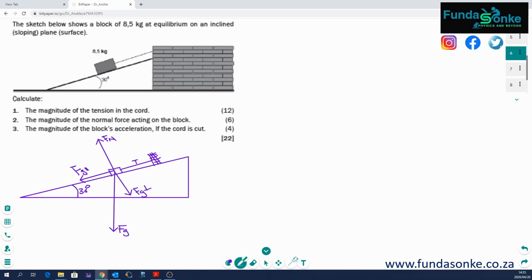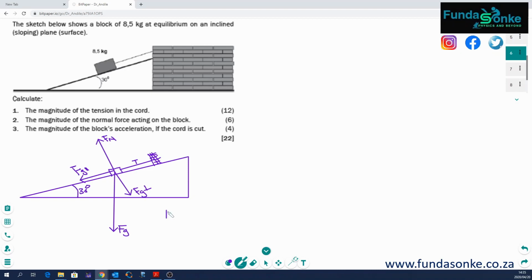So if we're then going to consider that, what then it means is we can then find our tension based on the fact that this system is in equilibrium. In other words, your Fg parallel should be equal to your tension, or the algebraic sum of the forces acting parallel to the surface should be equal to 0.